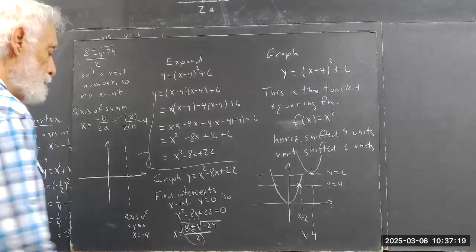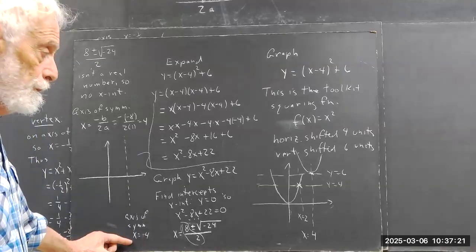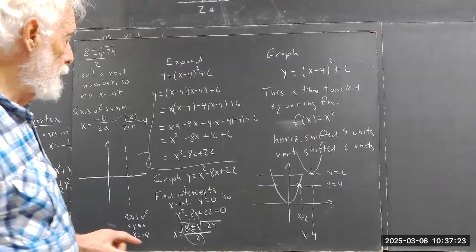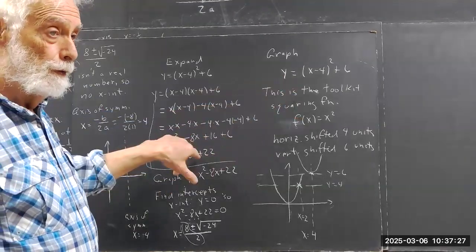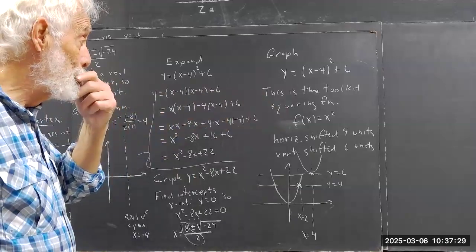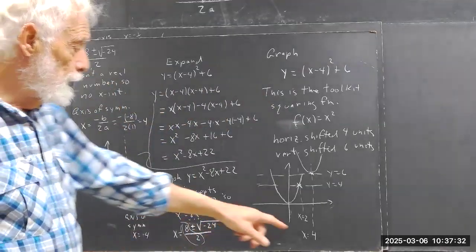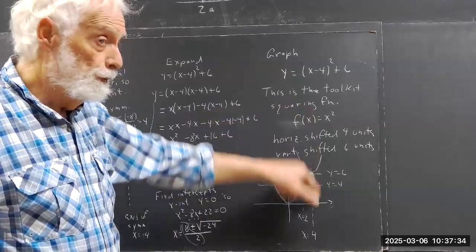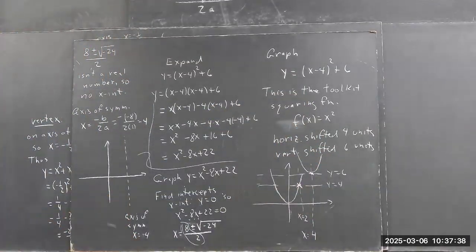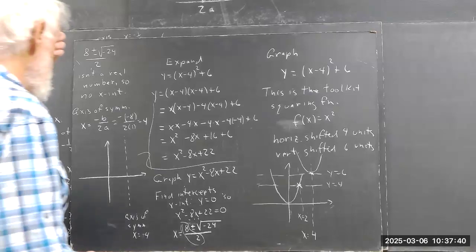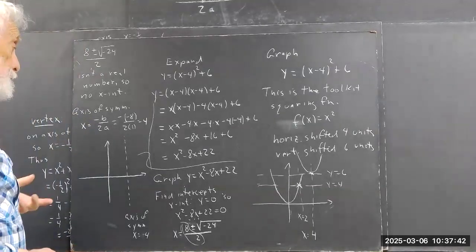Not negative 4, it's 4. Okay. Now, we already saw that because this function is the same as this one, just in a different form. But where's the axis of symmetry in this one? It's x equals 4, right? We did that when we did it by transformations. So there's the axis of symmetry.